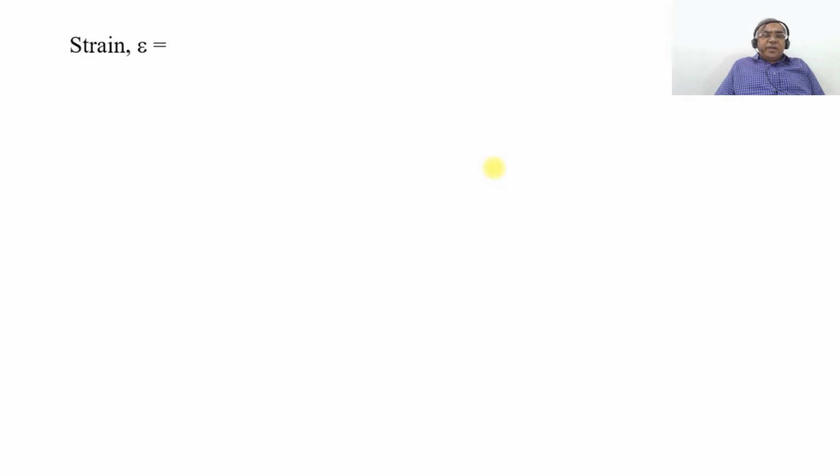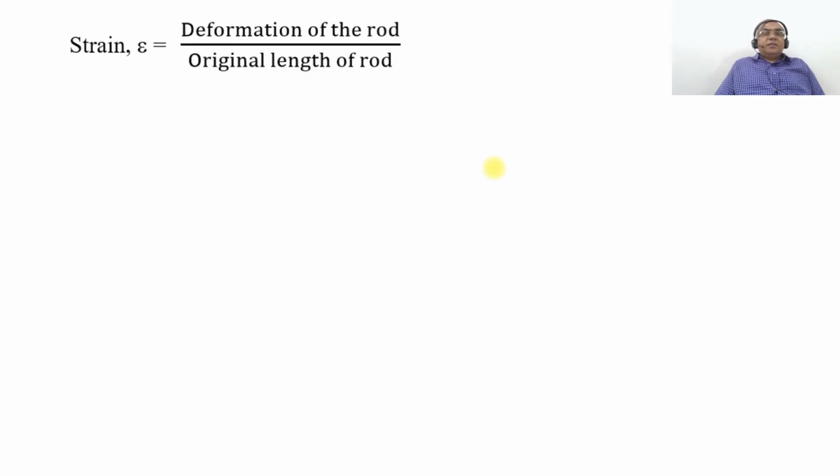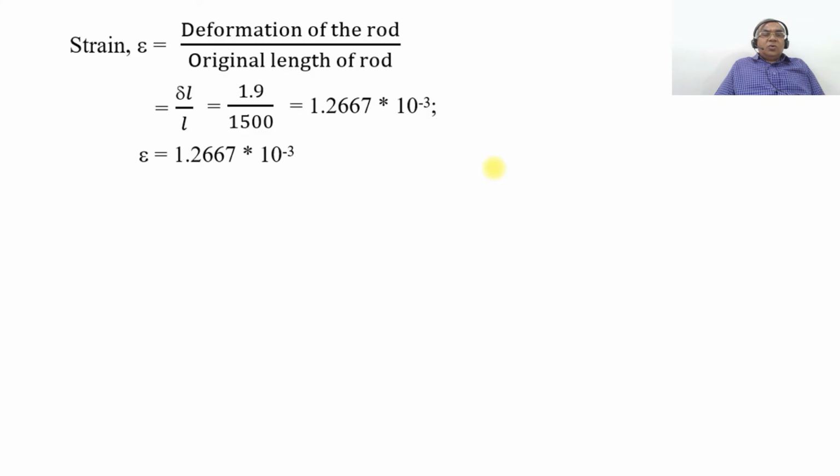Now, what is strain? Strain is nothing but the deformation of the rod divided by the original length of the rod, which will be equal to delta L by L. So delta L is 1.9 divided by the original length of the rod, which is 1500. That is equal to 1.2667 into 10 to the power of minus 3. So that is the strain value.